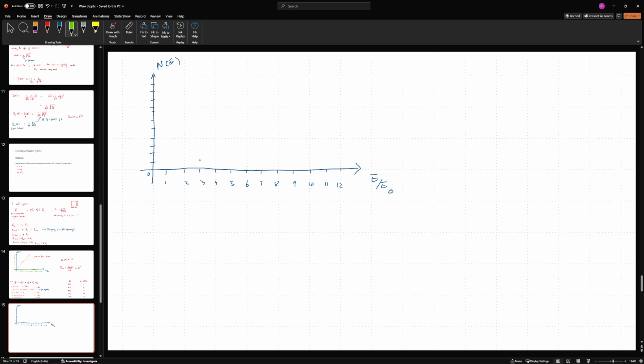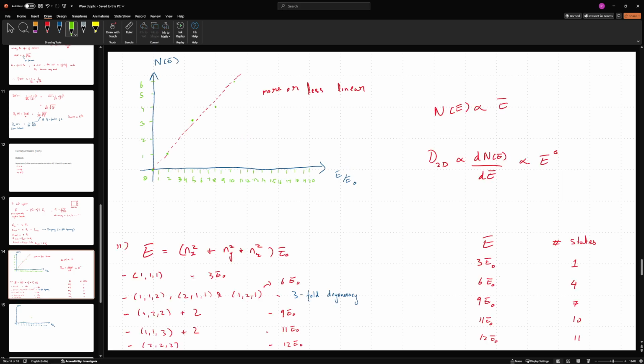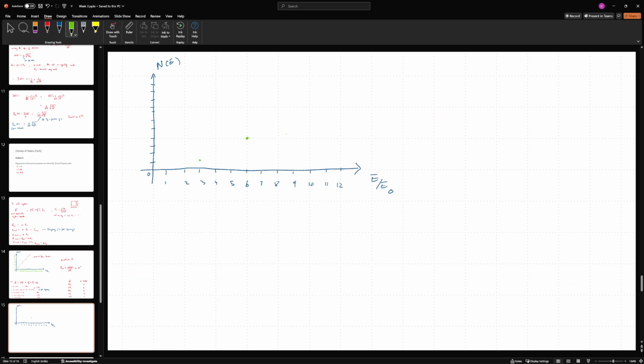So the next energy is at 6 E naught, but over there I'm going to have to go to 1, 2, 3, 4 over here. And then at 9 E naught, we jump up by another 3. At 9 E naught, we have to be at 4, 5, 6. This is slightly off. 7 will be more or less over here. So it will be here and yeah, like this.